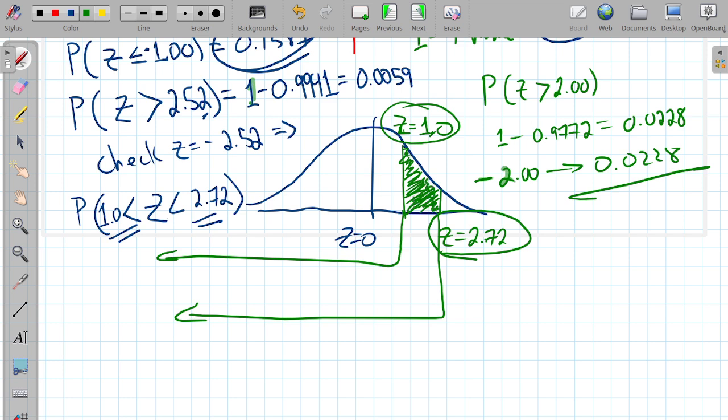So we're going to look up the p-value for 2.72, and that's going to give me all this area all the way over to the left. And then I'm going to look up the p-value for z is equal to 1.00, and that's going to give me the value all the way to the left. And then we're simply going to subtract the two.